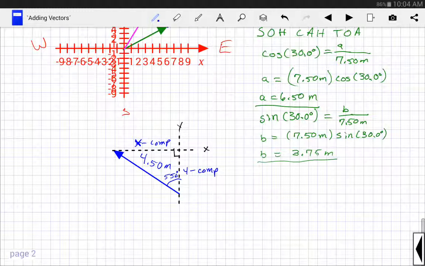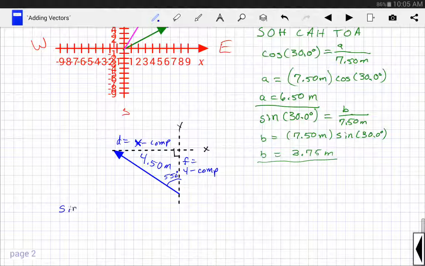So to find my x component, I'm going to once again call my x component A. Well, I won't because of obvious reasons. I will call it D, and I'll call my y component F. It's just bad form to use Z. I don't like to use Z. It stands for a number. So in this case, to find my x component, I have opposite side and hypotenuse, that's sine.